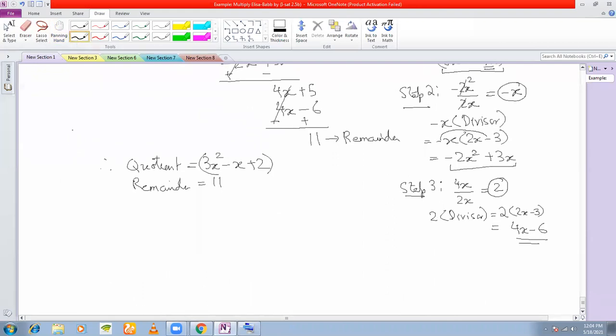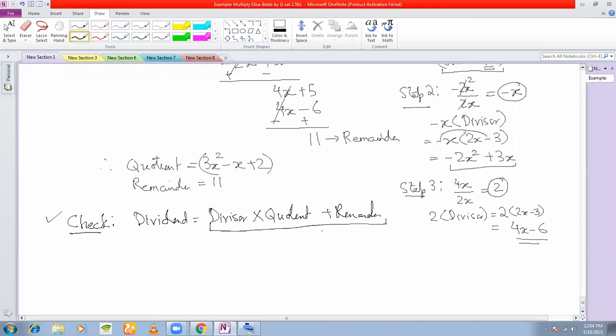Now you want to check whether we have made any errors or not. You can do this in your rough, you can do it in fair also, that depends on you. I would not require this check. You know that dividend is equal to divisor into quotient plus remainder. Now we'll multiply divisor into quotient plus remainder and check whether we are getting the dividend or not.